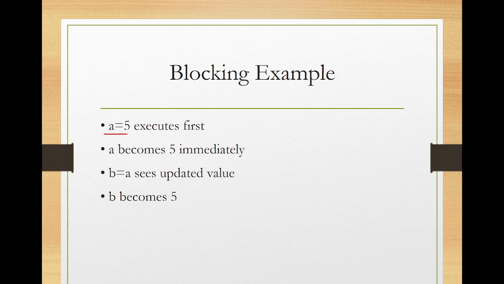If A equals to 5 and B equals to A, A becomes 5 immediately. B equals to A's updated value. First line executes, now A becomes 5. Then the second line executes. B reads the updated value. So B also becomes 5. Easy, no surprises, because updates happen immediately.